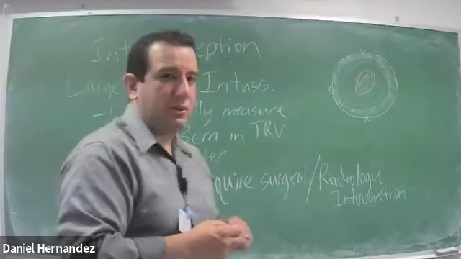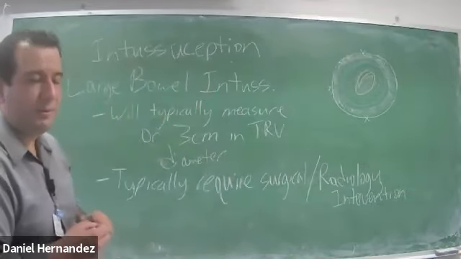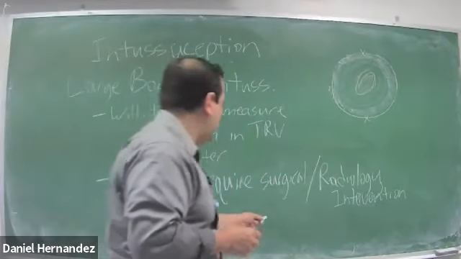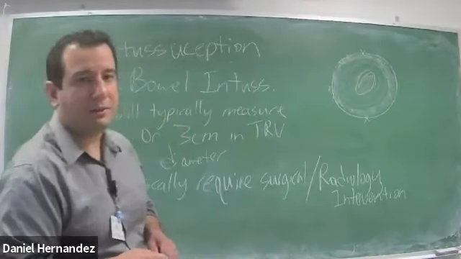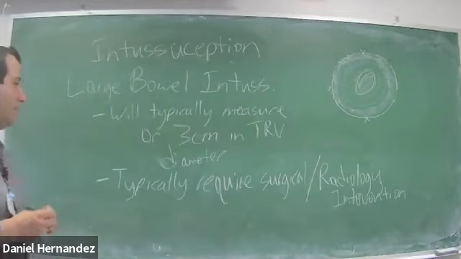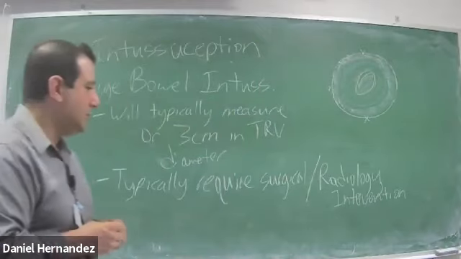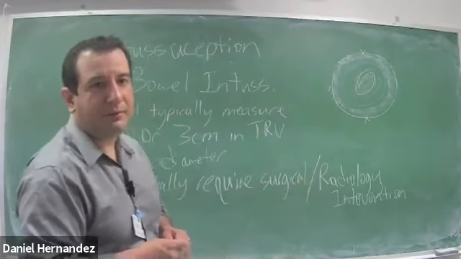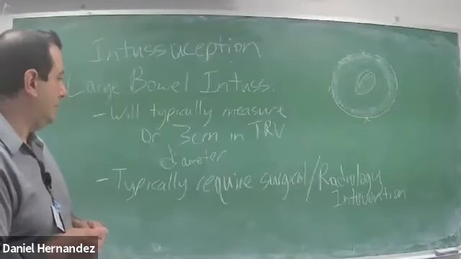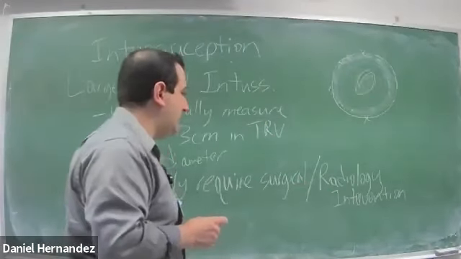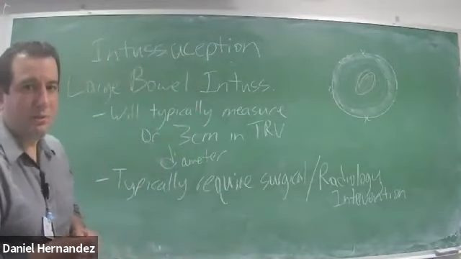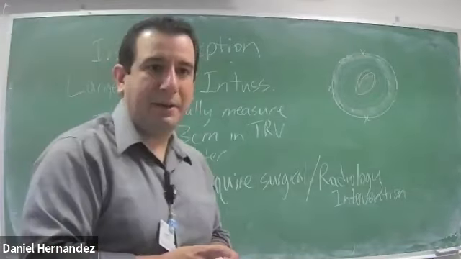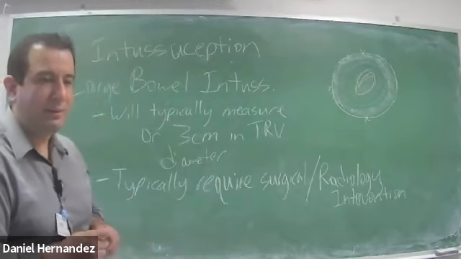If that procedure isn't effective, then they will require surgical intervention to correct that intussusception. Again, the radiologist will try with that other procedure to try and avoid surgery. It's almost like a reverse air enema, if you want to think of it that way.